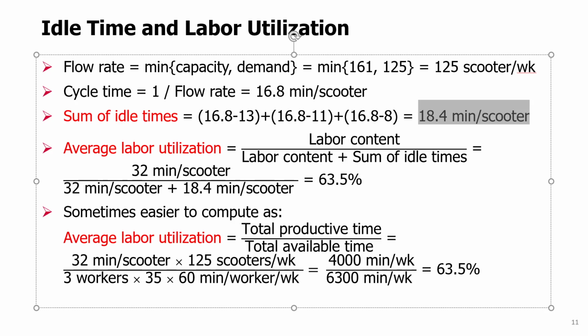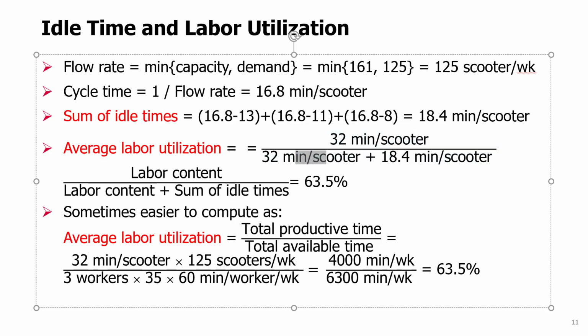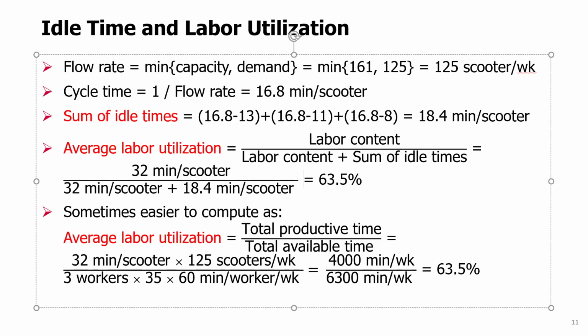So now we can see that those workers work a total of 16.8 minutes, but in terms of the available time, it's 3 workers, so we have 3 times this, but the labor content is just 13 plus 11 plus 8. Now if you want to calculate labor utilization, you can calculate it as labor content divided by labor content plus the sum of idle times.